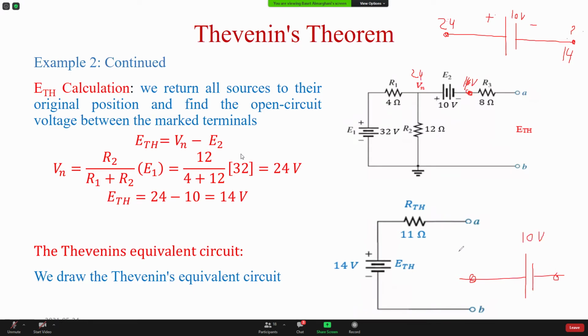If the voltage here is 25, it means the voltage here is 15, because it's the difference between the 2 points. This is the positive side, this is the negative side. 25 minus 15 gives me the 10. So if you go this way, you lose 10. If you go this way, you gain 10. 15 plus 10 is 25. 25 minus 10 is 15.